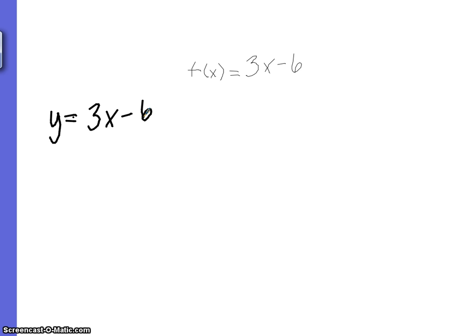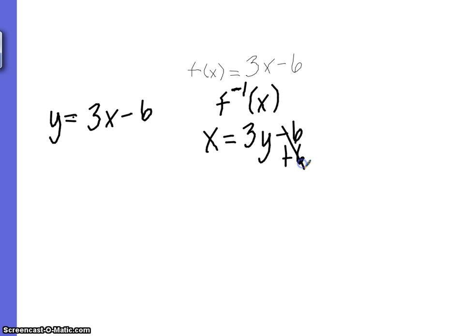To find my inverse, f -1 of x, I need to first set up my x is equal to 3y minus 6. I now need to get the y by itself, so I'm going to start by adding 6 to both sides.